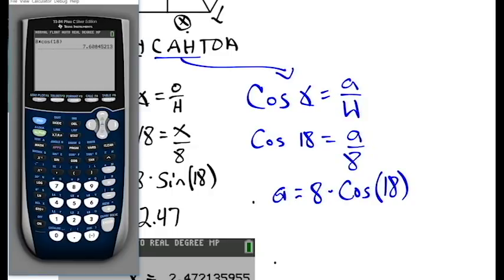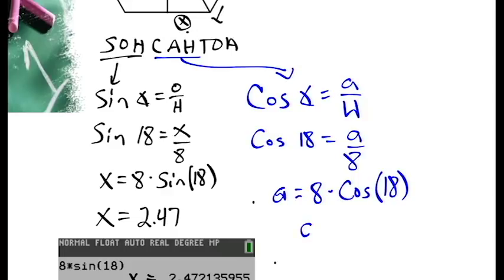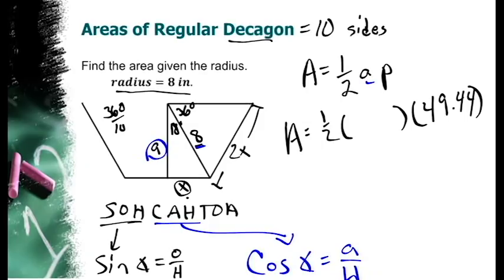That gives us 7.61. So that's the length of our apothem. Now we have enough information to run with.